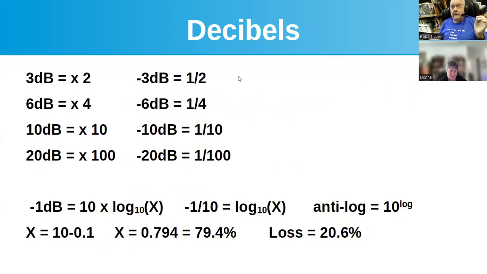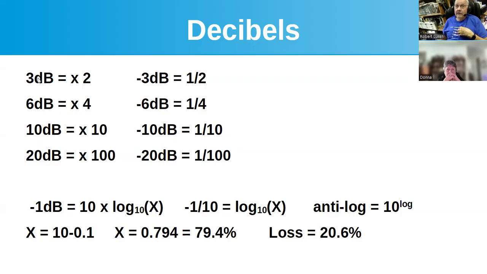So I did a little chart. 3 dB is 2, minus 3 dB is a half, 6 dB is 4, because 3 dB plus 3 dB is 6 dB. And when you add decibels, it's the same as multiplying their equivalent values.